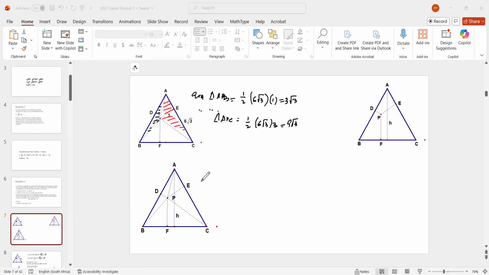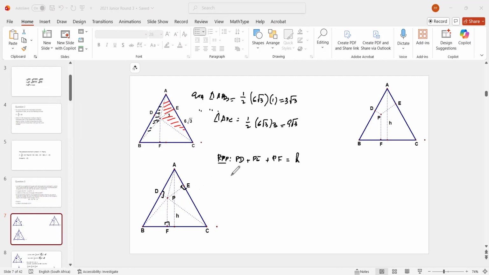All right, so what we're going to prove here, required to prove, is that the three heights PD, PE, and PF add up to H. So in other words, it doesn't matter where P is. The sum here is always equal to the height of the triangle.